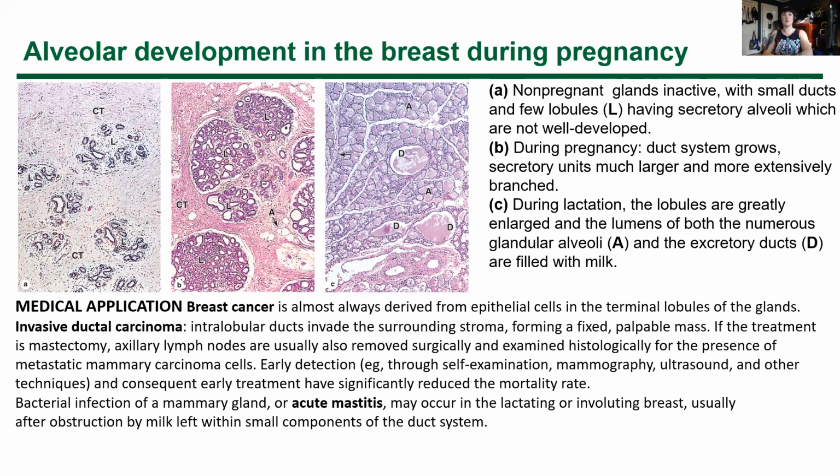So usually it's a ductal carcinoma, which is when the ductal cells essentially begin invading the interstice, the stromal cells. And what they generally do is form a nodule that you can feel, which is why doing self-breast exams regularly to check for those things is important self-maintenance for anybody with breasts.